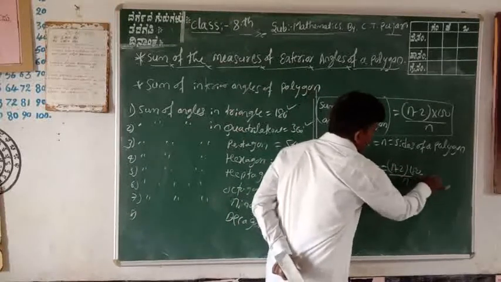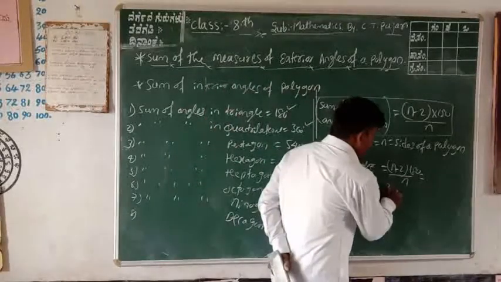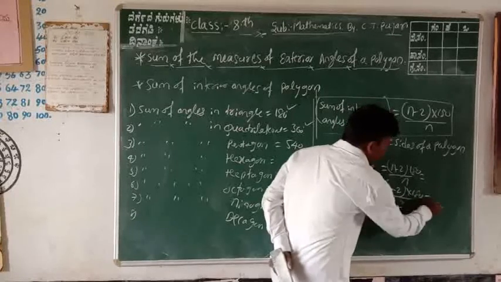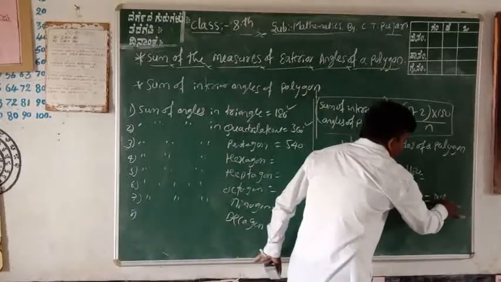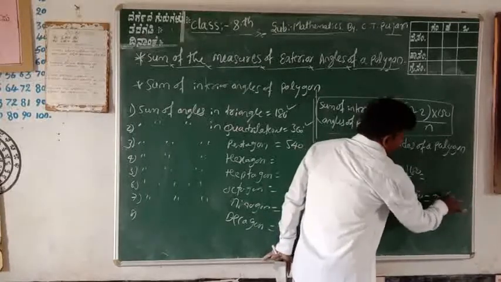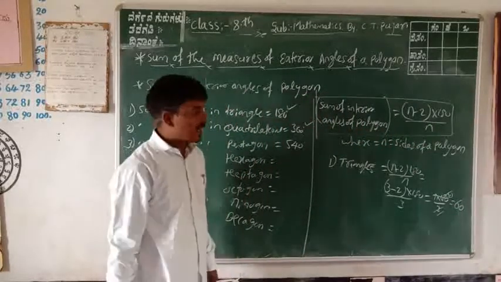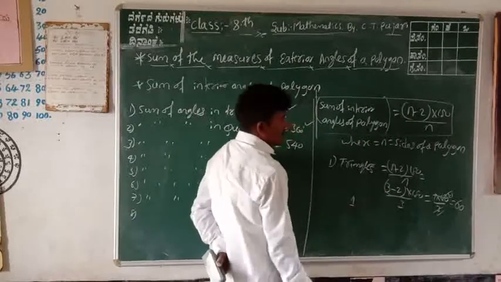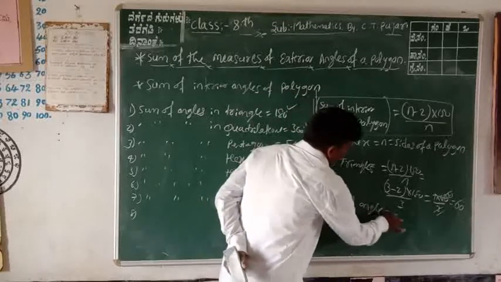Putting n as 3, we get (3 minus 2) into 180 degrees divided by 3. 3 minus 2 is only 1, into 180 degrees, which gives 180. Therefore, in a regular or equilateral triangle, one angle is equal to 60 degrees.